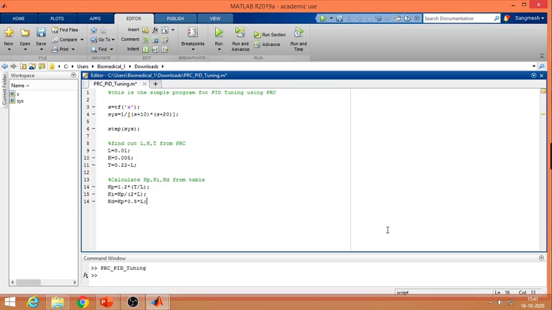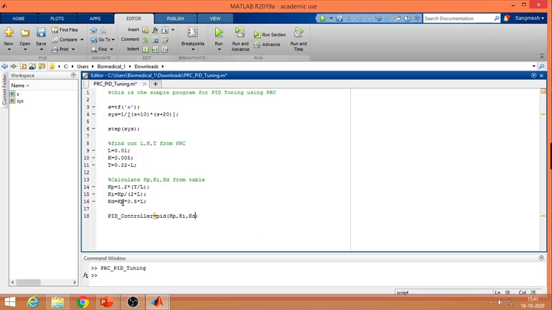Okay, so now let's save this and let's get the PID controller. So the PID controller is equal to, we have a syntax PID, pass the variables Kp, Ki and Kd.